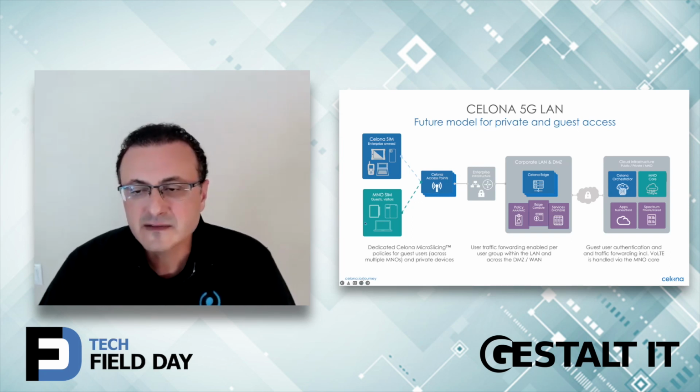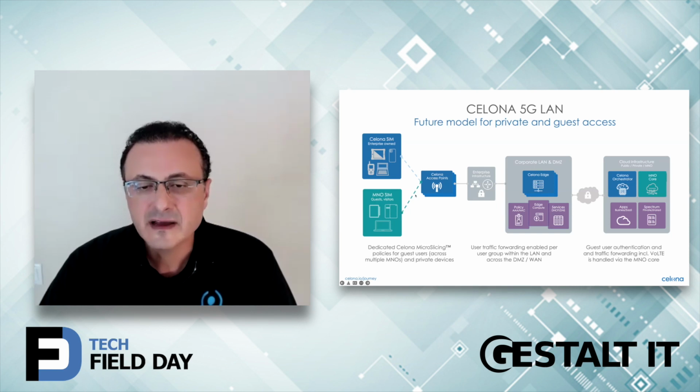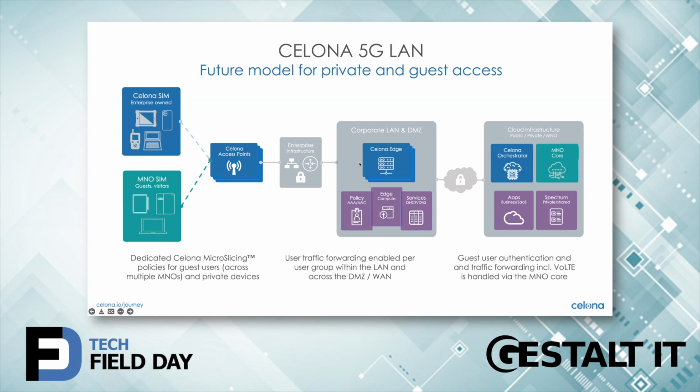So the customers and visitors in that venue, as I show here, can have a highly reliable, high-capacity cellular service in the same network. And the rest of the architecture is the same architecture. We have the Celona Edge, the orchestrator managing this, but the traffic of the mobile network subscribers is tunneled separately to the operator core. So that all happens using the same network architecture that we have as Celona.